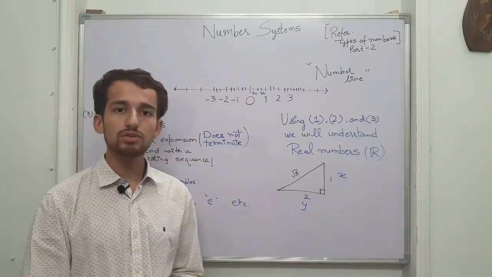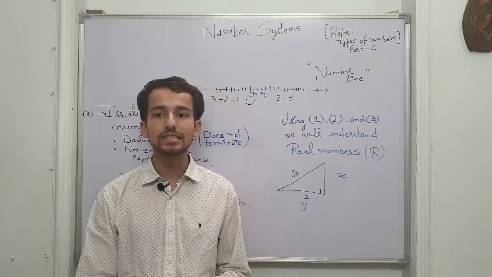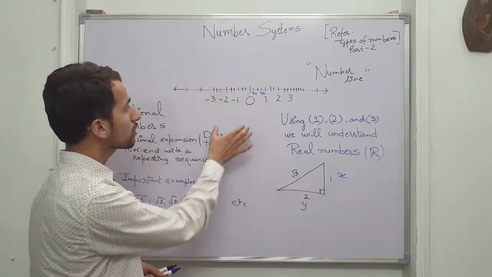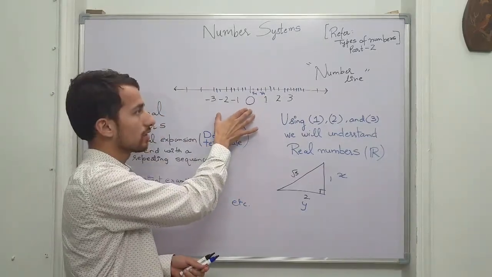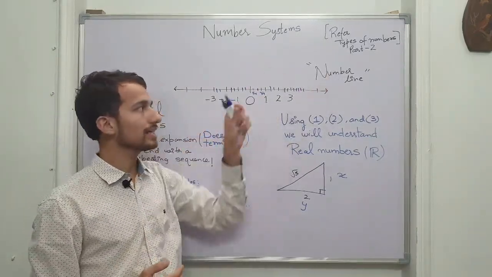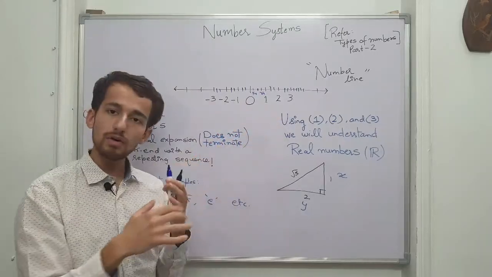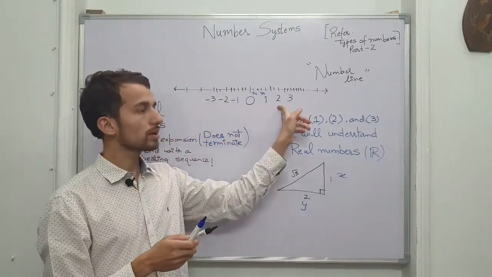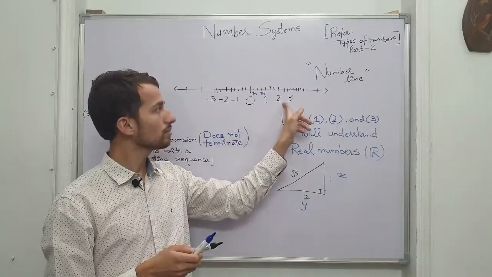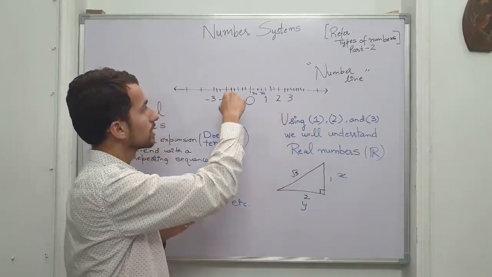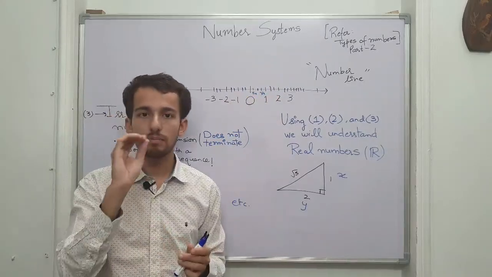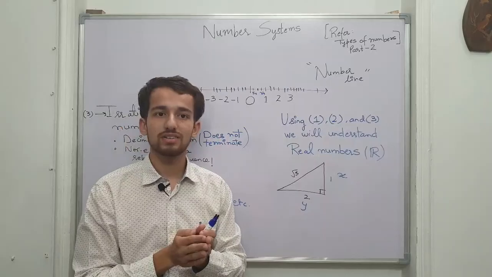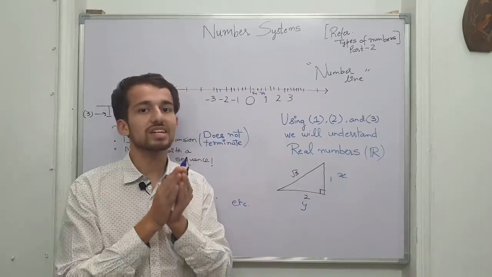So we have understood what natural numbers, integers, whole numbers, rationals and, finally, irrationals are. If you come back to the number line, here we have plotted some of the numbers. You are able to see the integers, the whole numbers, the natural numbers. In between, somewhere I have marked rationals, and there are some more places which I haven't marked, both for rationals as well as irrationals.